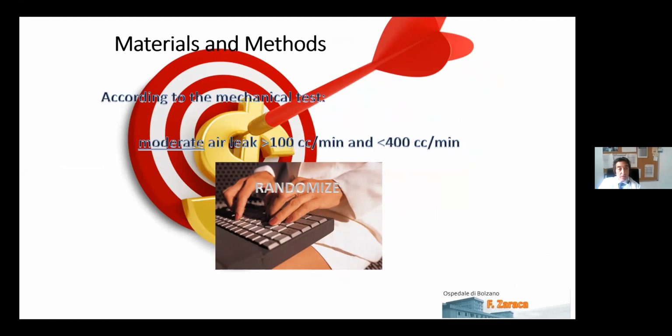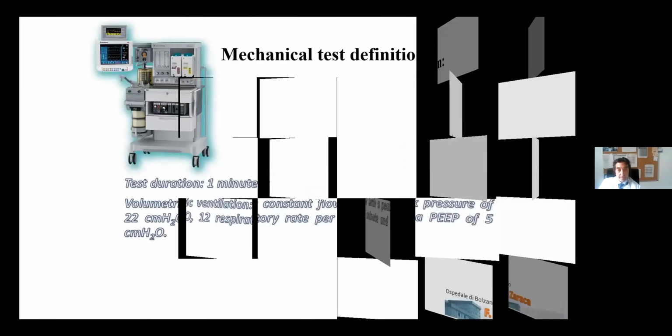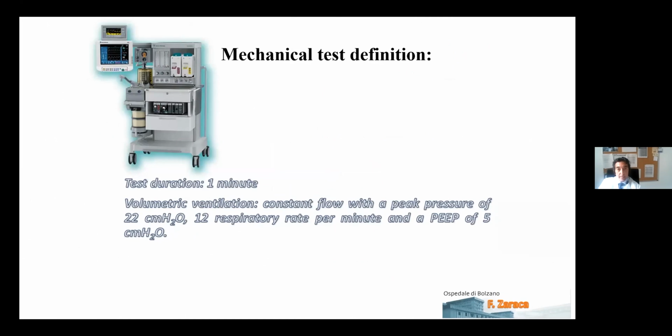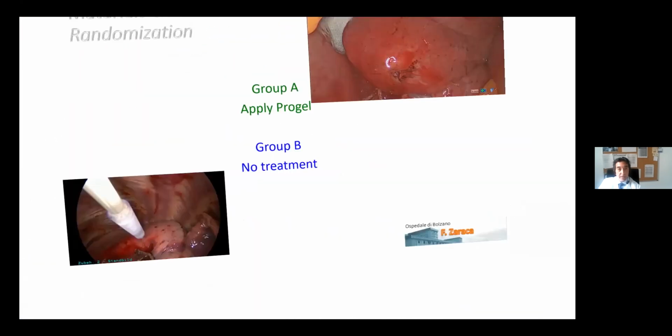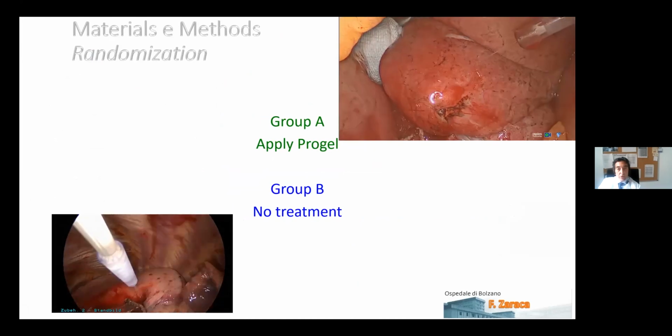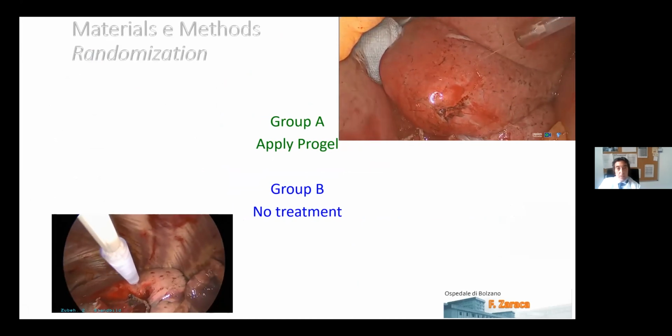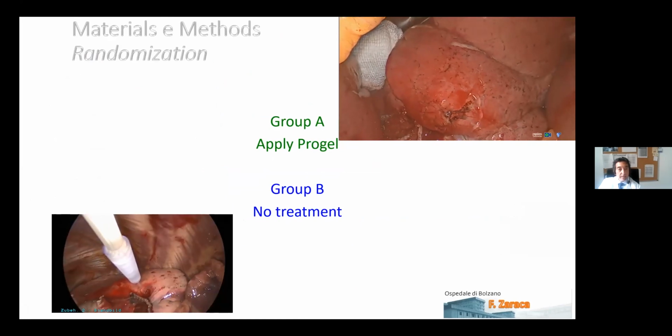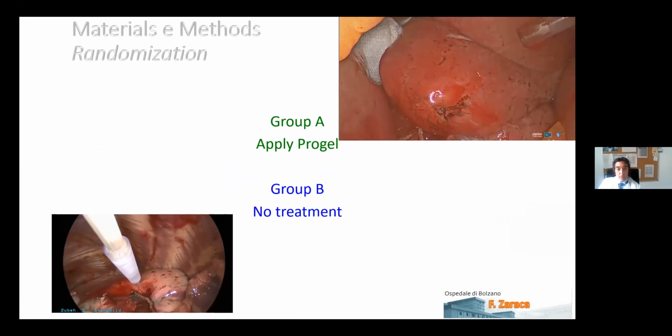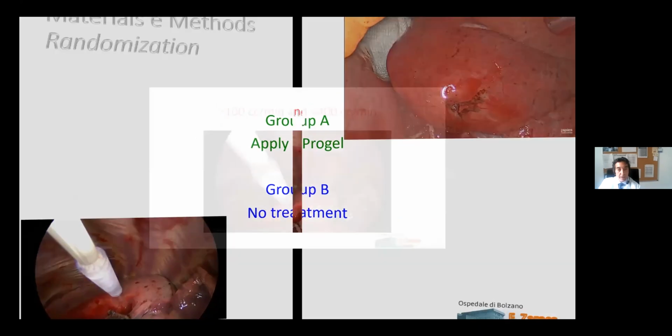And as I told you before, according to our mechanical test, we enrolled only the patients with moderate air leak. And this is the mechanical test definition. So we had two groups. Group A, patients where we applied the Progel sealant, and Group B, where we didn't apply treatment.